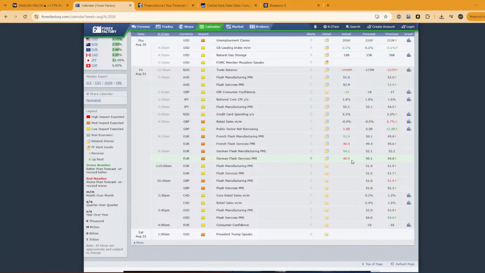On German, same thing, strong data on manufacturing PMI, better than expected, and poor service PMI. So yeah, pretty mixed. But I would say the service PMI is in a bad situation in Europe. So right now, just the manufacturing PMI is taking the lead.